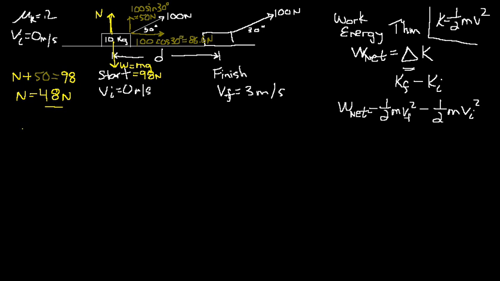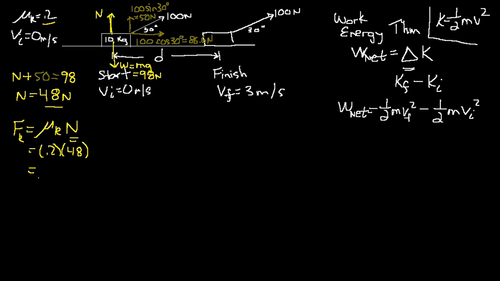Once we do that, we can find the force of friction, can't we? Because we know that the force of kinetic friction is equal to the coefficient of kinetic friction times the normal force. So once we have the normal force, we can get the force of friction, because we're given that the coefficient of friction is 0.2. So let's do that. We've got 0.2 times 48.